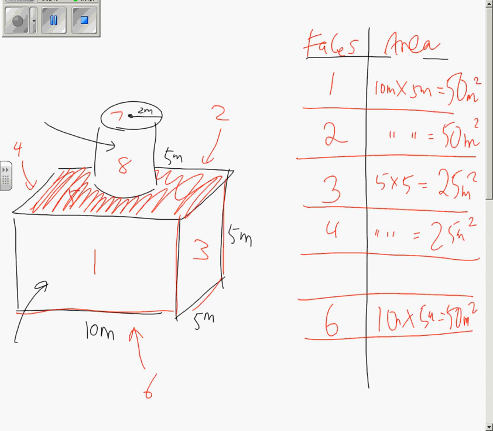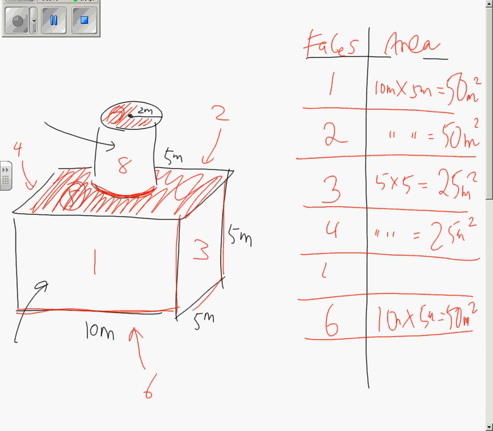So it's actually not going to be 50, it's going to be 50 take away whatever this coverage of the cylinder is. But if we take the surface area of 7 and put 5 with 7, 5 plus 7 is going to be the same as the bottom surface area, because 7 is actually the missing part that's being covered.